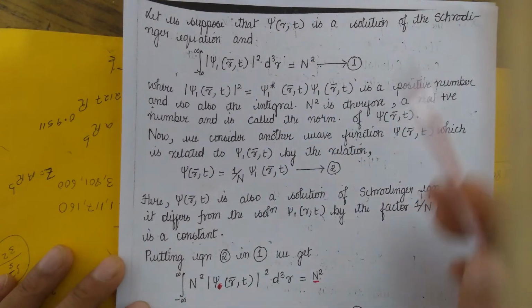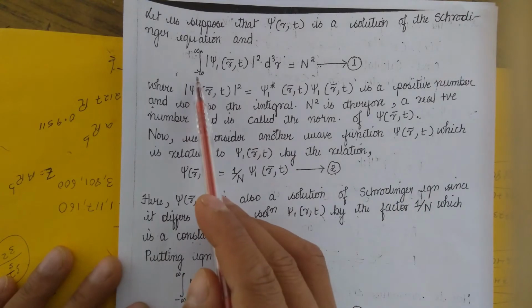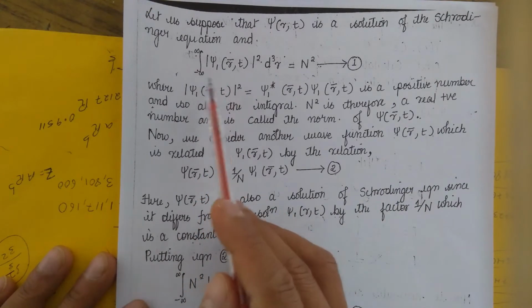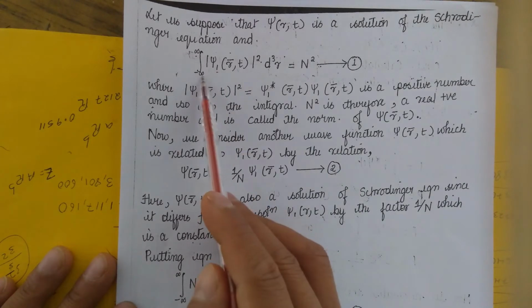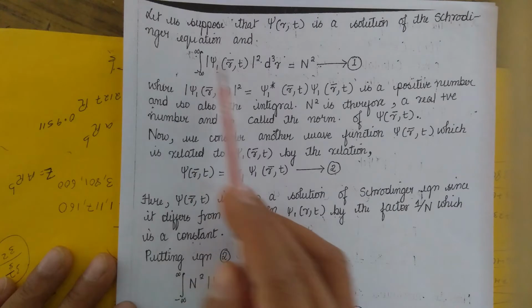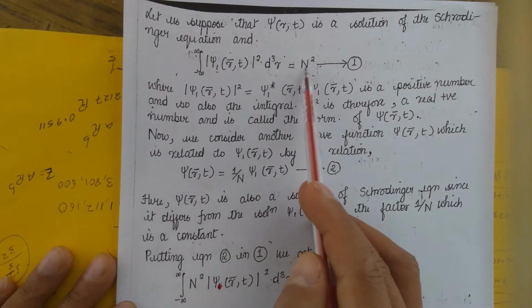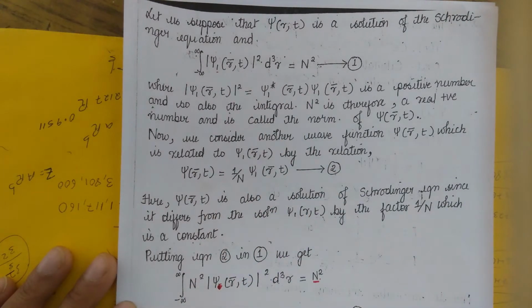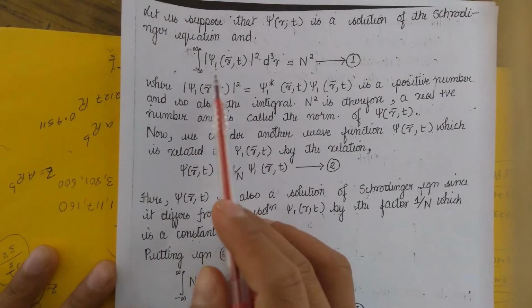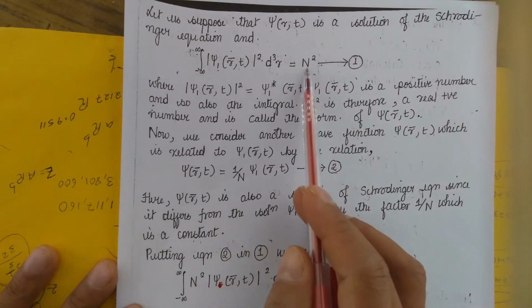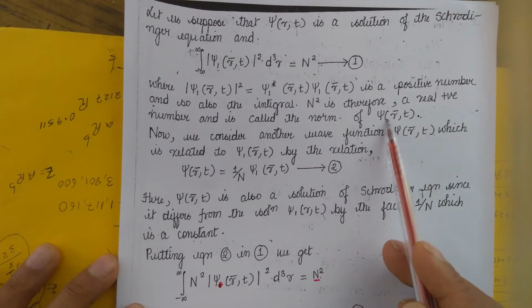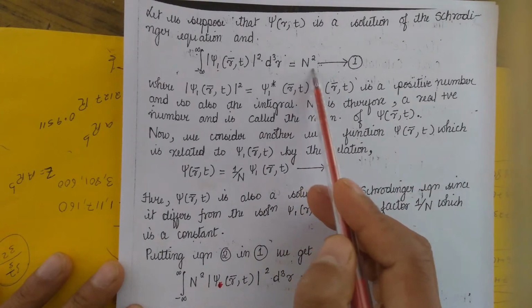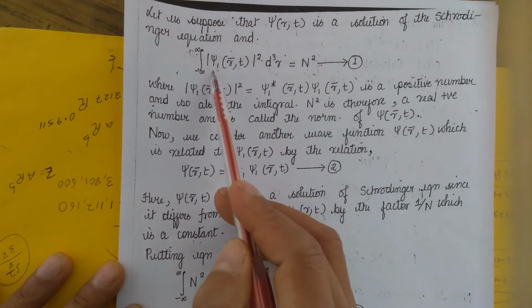Let psi be the solution of that equation, and let us consider another function psi1. We integrate its probability from minus infinity to infinity over the volume, and let the result be N squared, equation 1. Since psi1 squared is a positive term, N squared is a real positive number and is called the norm of psi.